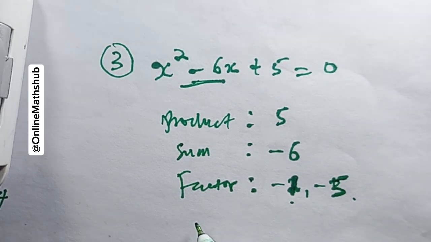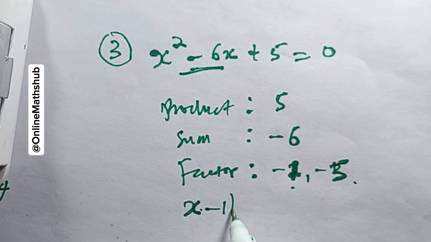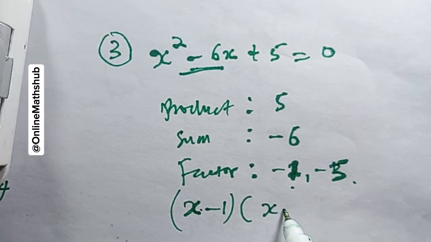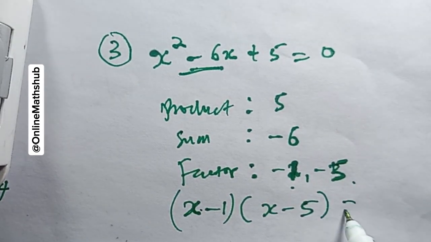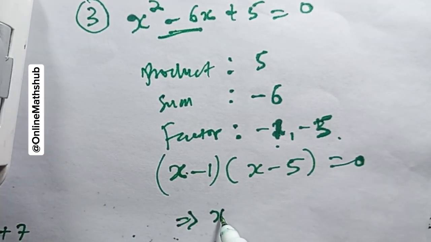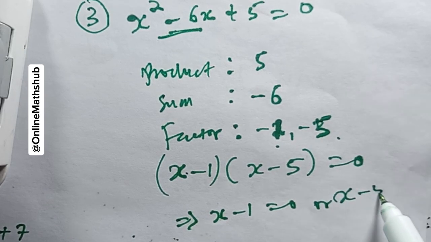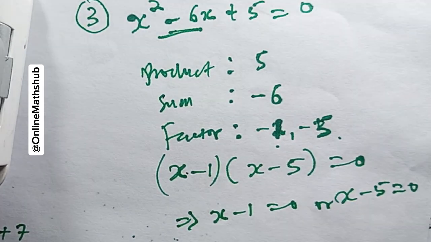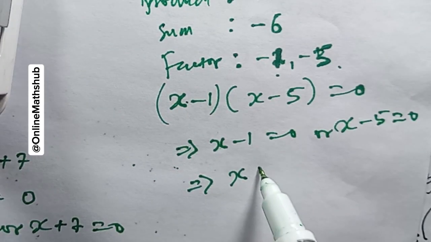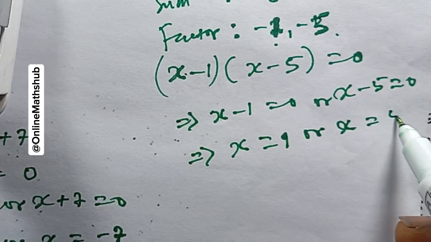So moving directly to the solution, I'm just going to say x minus 1 multiplied by x minus 5 is equal to 0. If you simplify further, this implies that x minus 1 is equal to 0, or x minus 5 is equal to 0, which of course implies that x is equal to 1 or x is equal to 5.